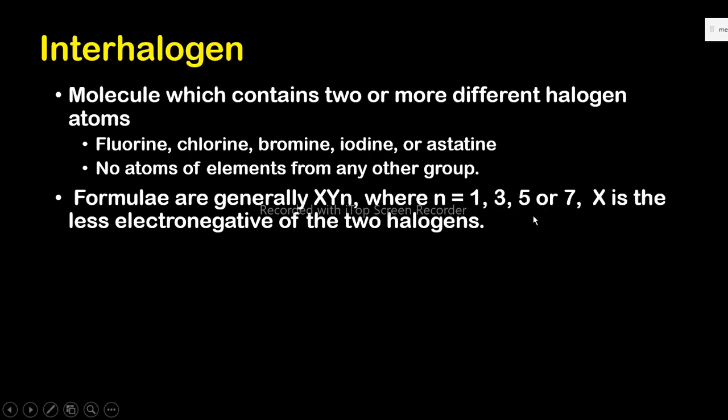Why? Because you've seen that the oxidation states of these halogens are in the order 1, 3, 5, and 7, so they cannot be in between. X is the less electronegative halogen, and Y is the more electronegative halogen.